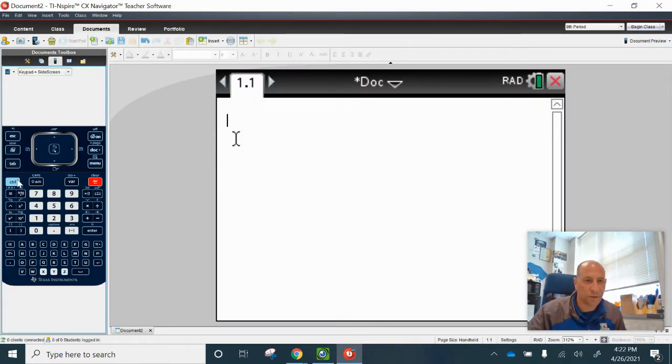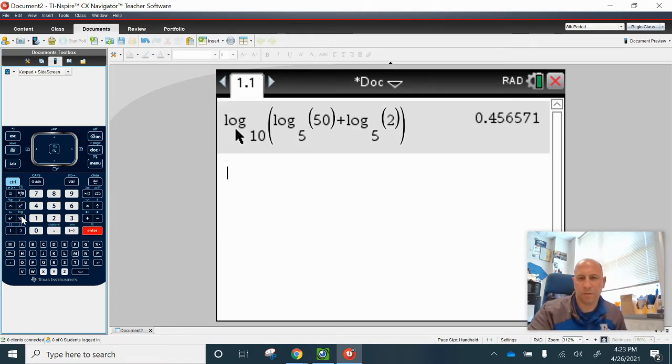So that's control log. If there's not a base, we assume it's 10. Control log base 5 of 50 minus control log base 5 of 2. And that equals 0.45.